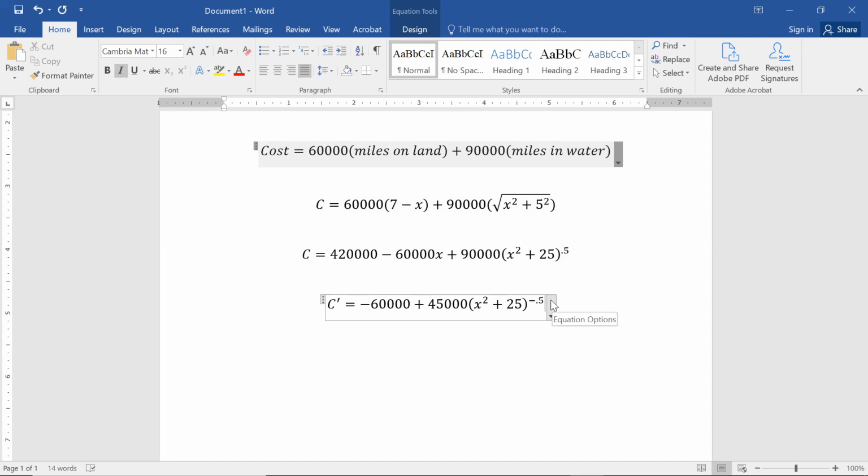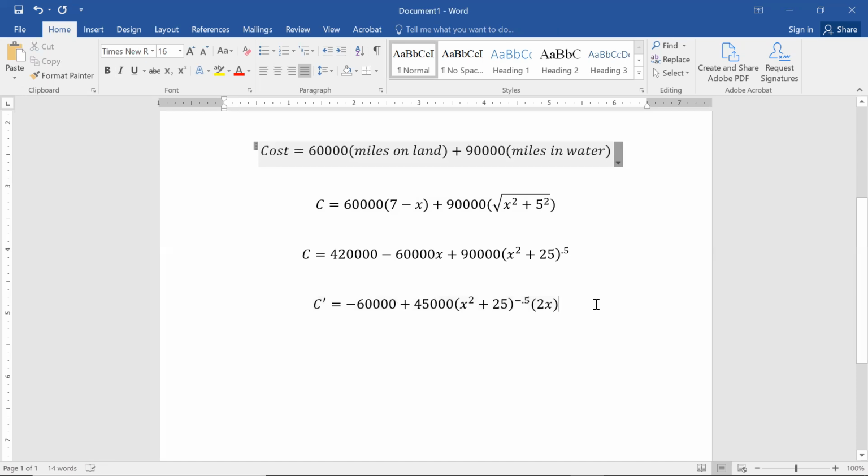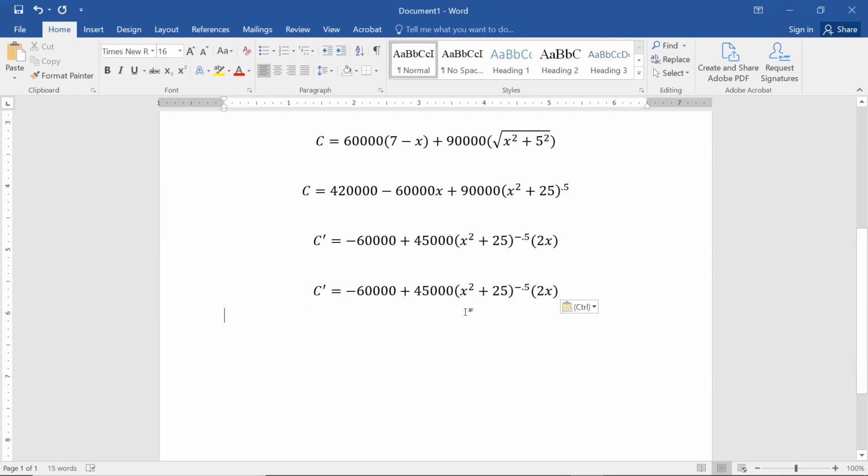Now at this point, the chain rule then says multiply times the derivative of the inside function. The derivative of the inside function is 2x. That's my derivative of the total cost. If I want, I can rewrite this. It's a little bit nicer if I rewrite this.